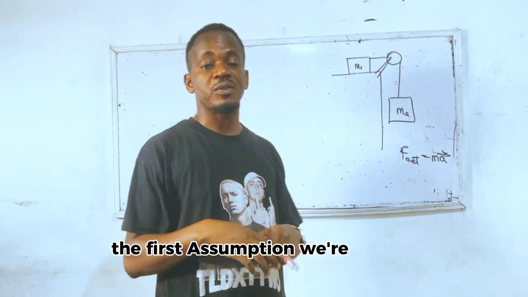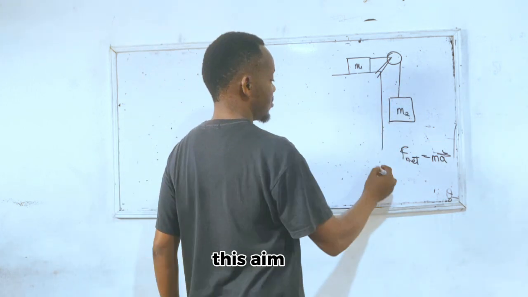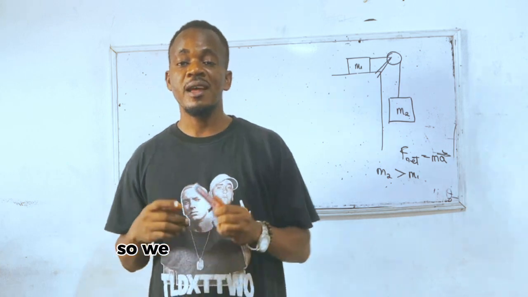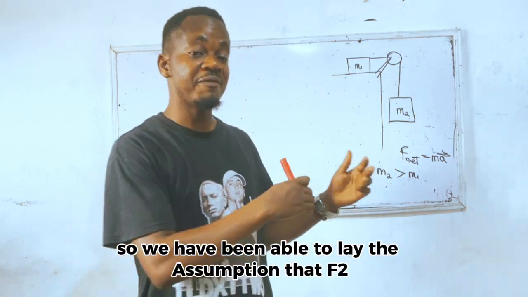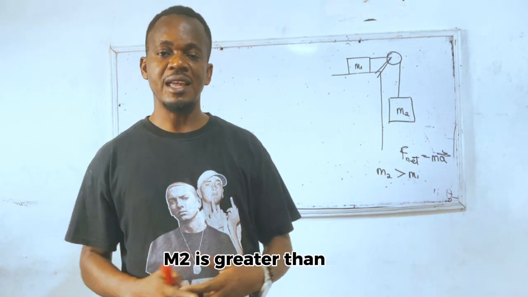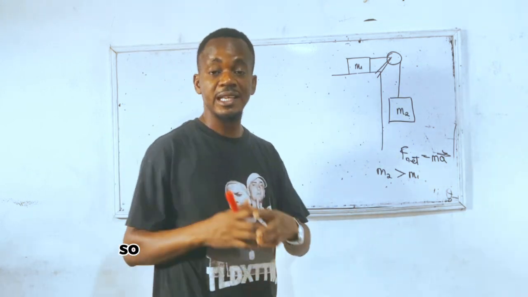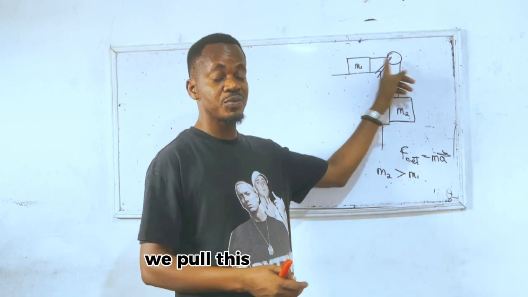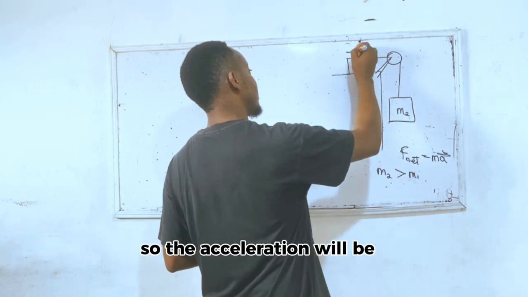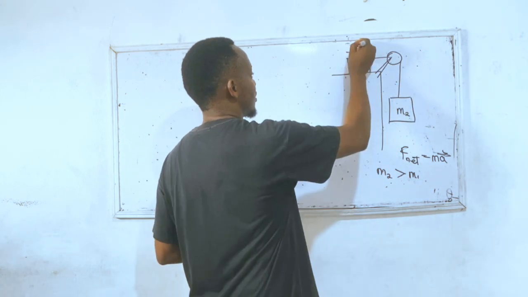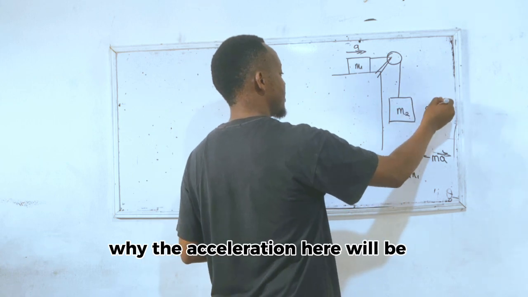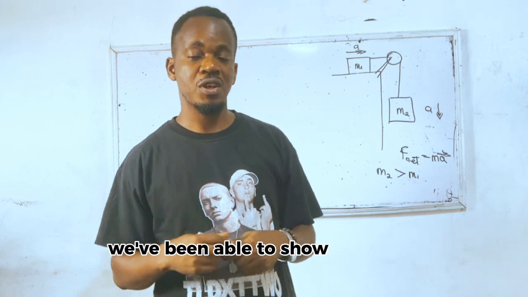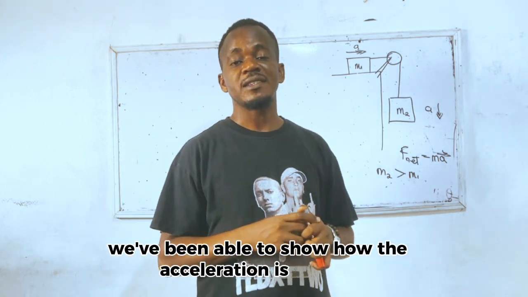The first assumption is that m2 is greater than m1. So invariably we are saying that this body will pull this body forward. So the acceleration will be tending forward, while the acceleration here will be tending downwards. So we've been able to show how the acceleration is moving.